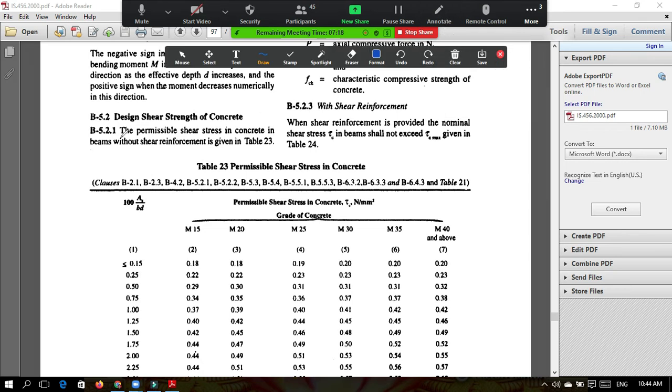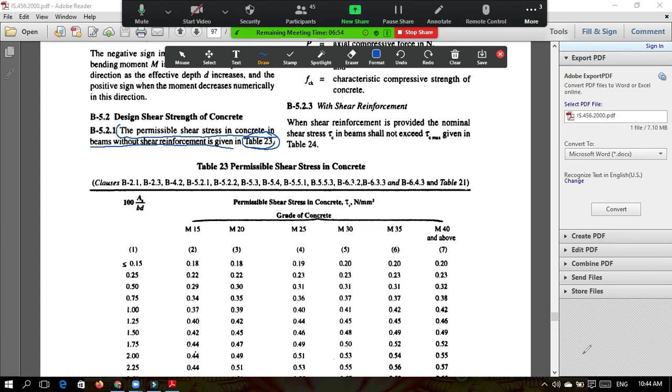If I show you the permissible shear stress in the concrete in beam without shear reinforcement is given in Table number 23. Now we have not provided the shear reinforcement, but by using this table we are going to provide it.